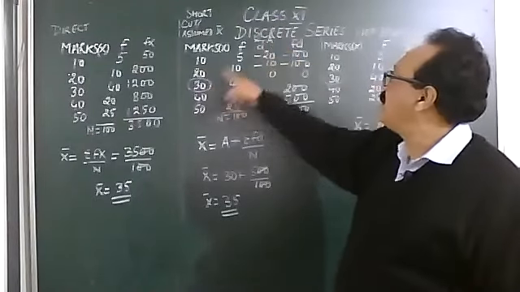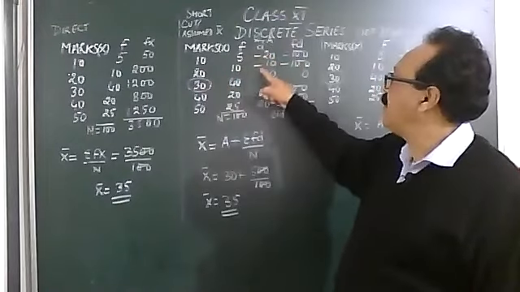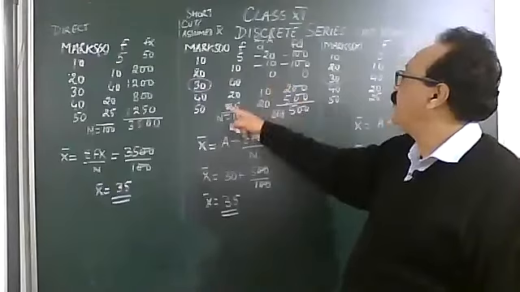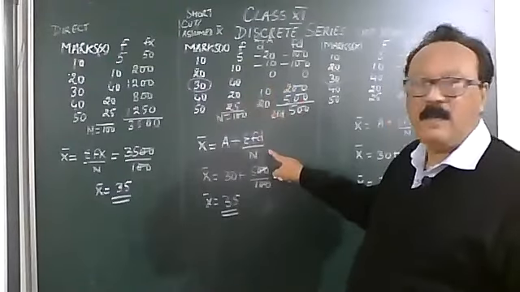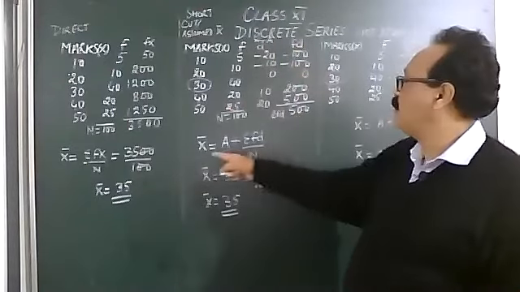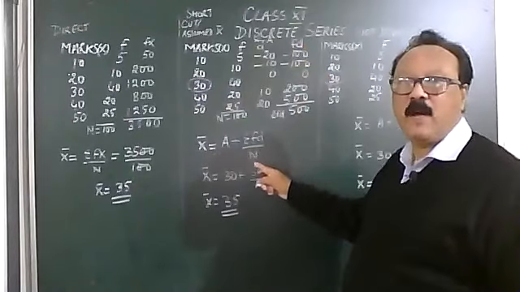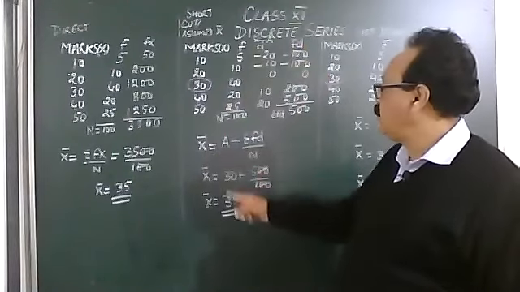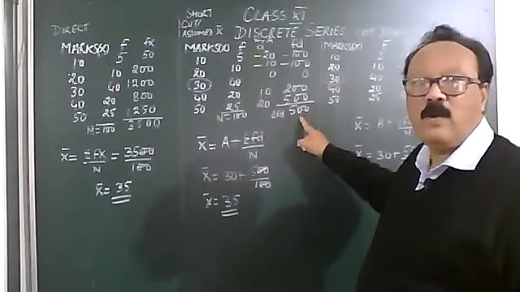So 10 minus 30 will be minus 20. 20 minus 30 will be minus 10. 0, plus 10, 20. Now, the formula is multiply f with d to get fd. But the formula says mean is equal to assumed mean plus sigma fd upon n. Assumed mean is 30 plus, on adding. Remember how do you add?